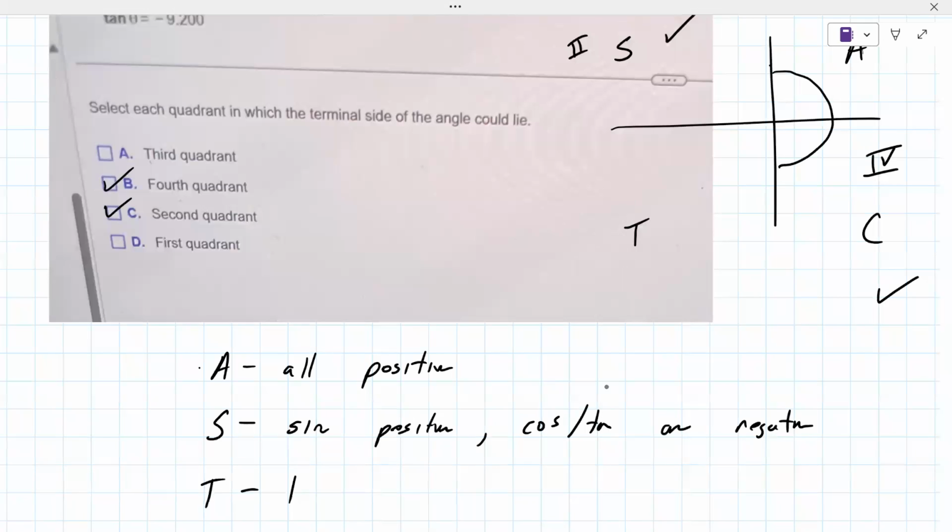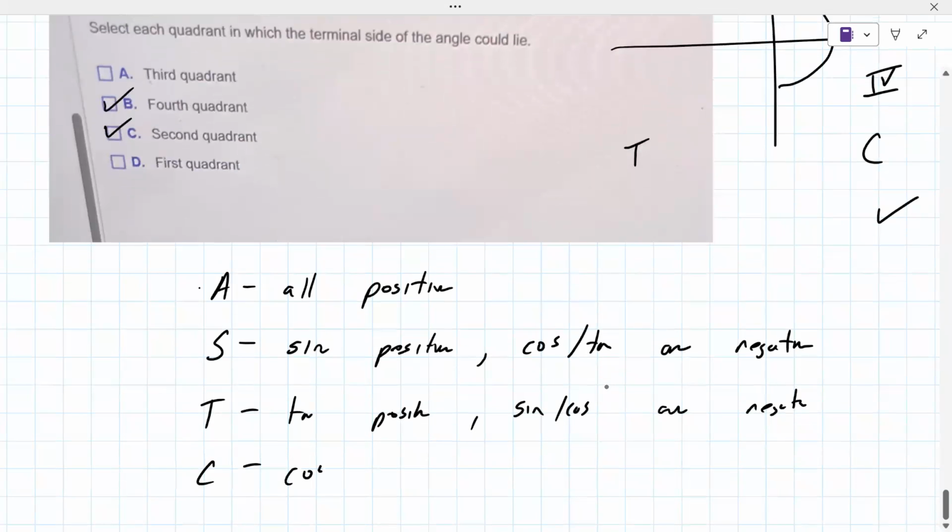So T means tangent's positive, which means that sine and cosine are negative. Similar for C, cosine is positive, sine and tangent are negative.